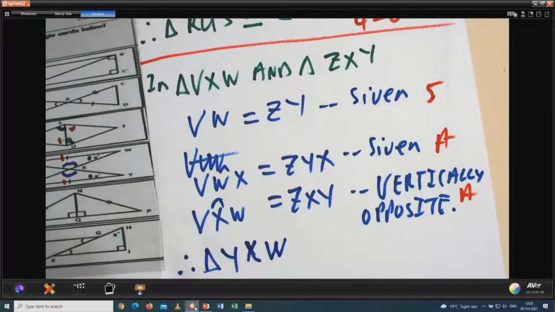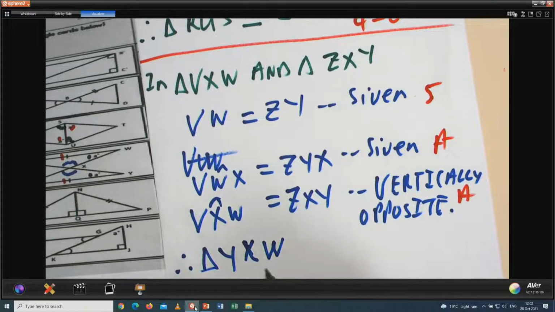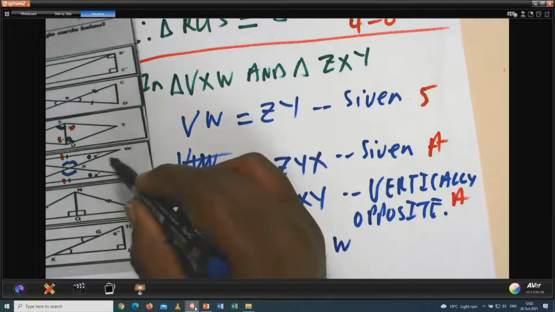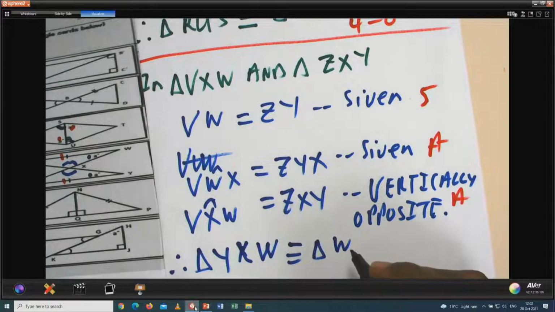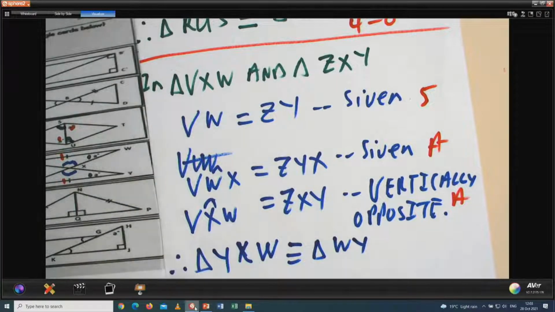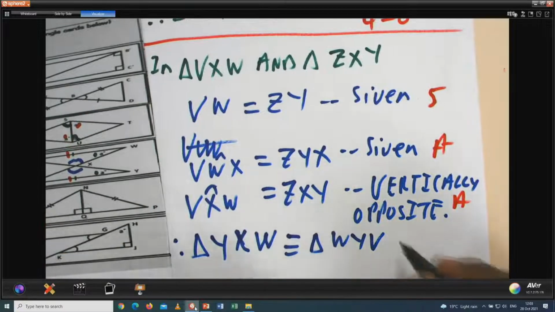V corresponds to that one, X is common, W to Y. Triangle VXW is congruent to triangle WXV. But why are they congruent?